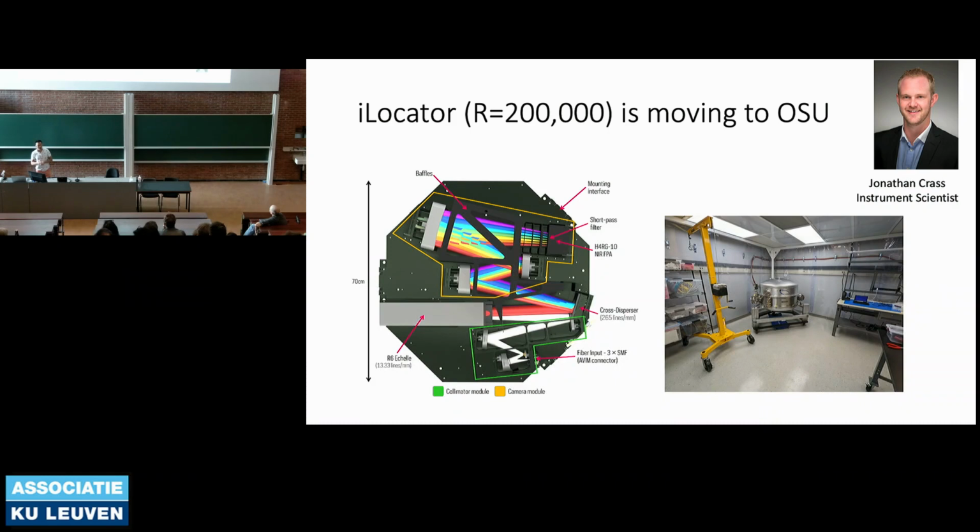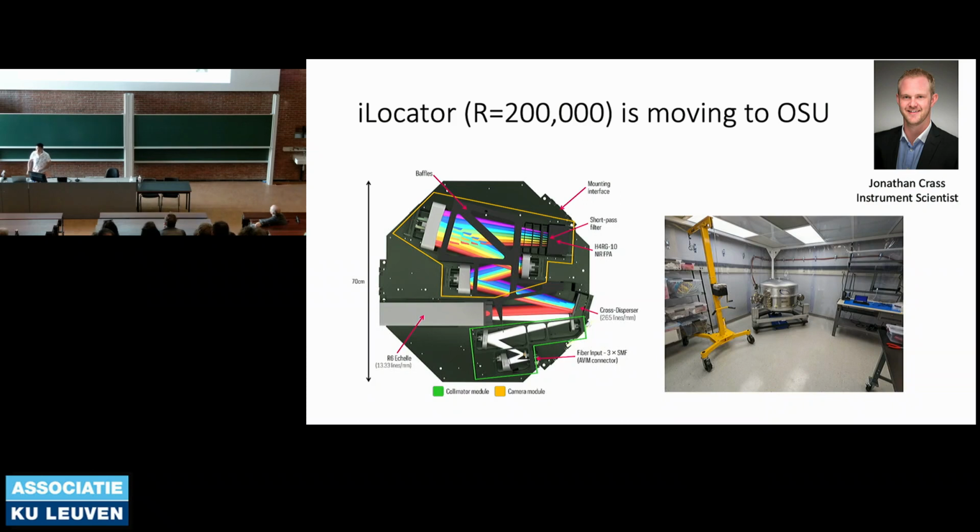What iLocator does is a high resolution single mode fiber fed spectrograph at the resolution of 200,000, and it will be moving to LBT sometime this year, and we commission. Hopefully, we'll have a complete commissioning process by the end of this year.